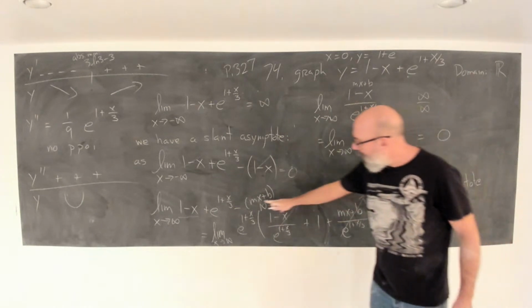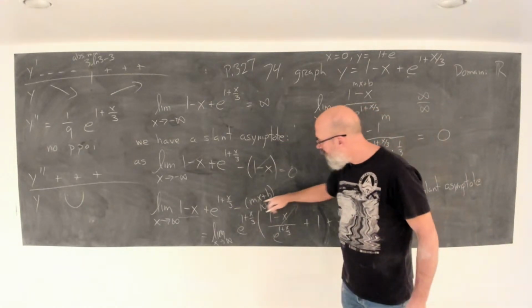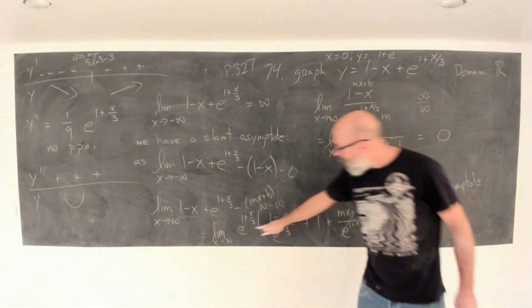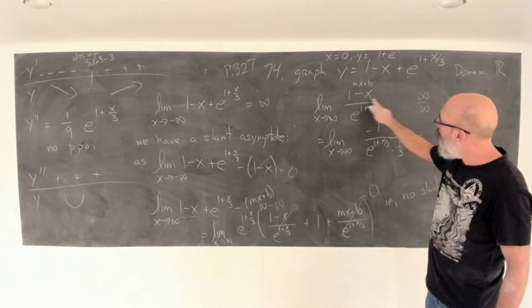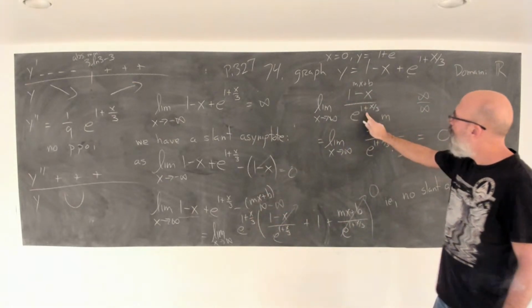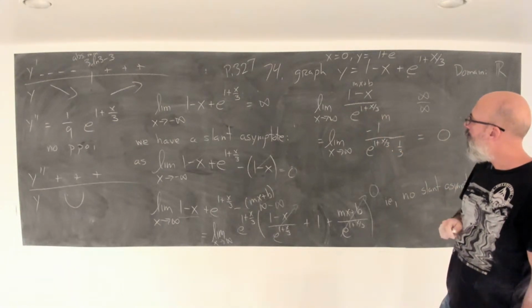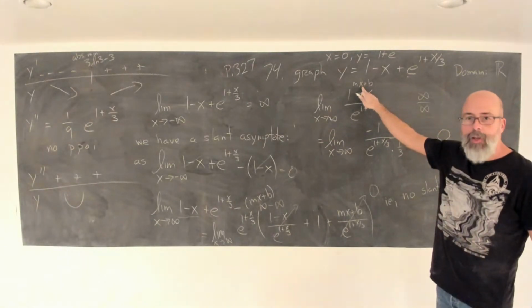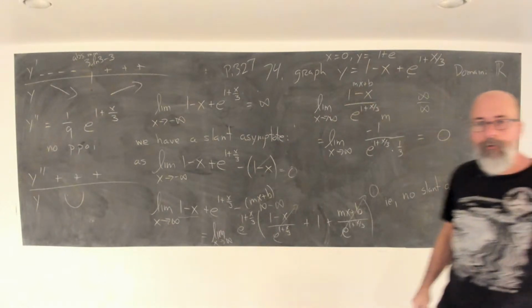But I'm saying, instead of redoing the whole thing, let's be smart. If you just throw in a minus mx plus b here and do exactly the same as you did, because you see, here you had a line, and when you divide it by the exponential, that whole thing went to 0. It's going to be the same thing if you have an mx plus b instead of just 1 minus x.